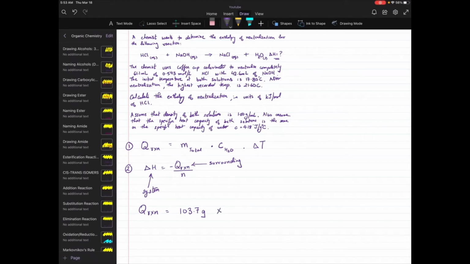The second piece of information we need is the specific heat capacity of water, which is 4.18 joules per gram degrees Celsius. And the last piece of information we need is the change in temperature, which is going to be 21.6 minus 17.8.